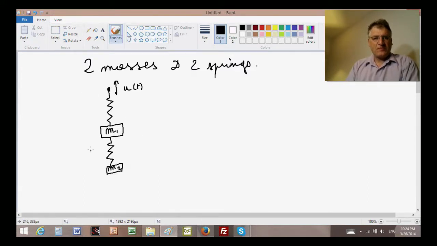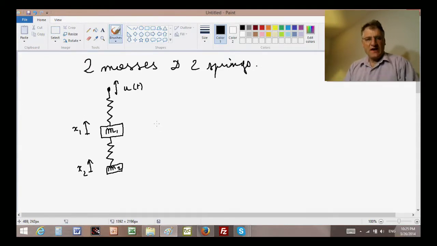They are also oscillating. In order to measure their position, we will consider the position x1 of mass m1 and the position x2 of mass m2. Now, as the oscillation goes on, it transmits some oscillation to the mass m1 and to the mass m2.